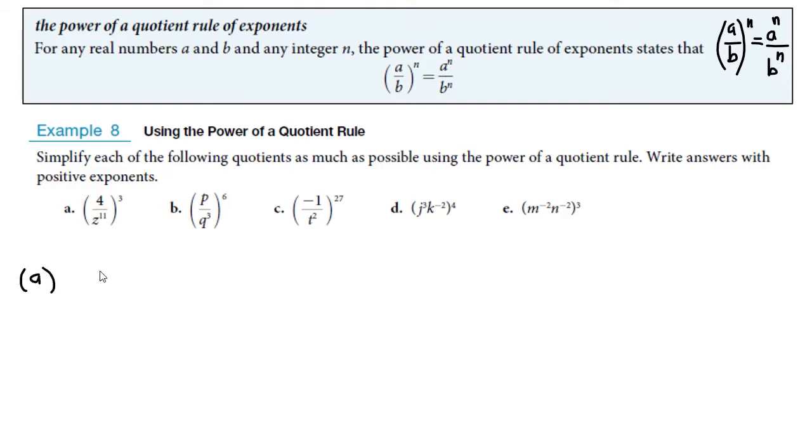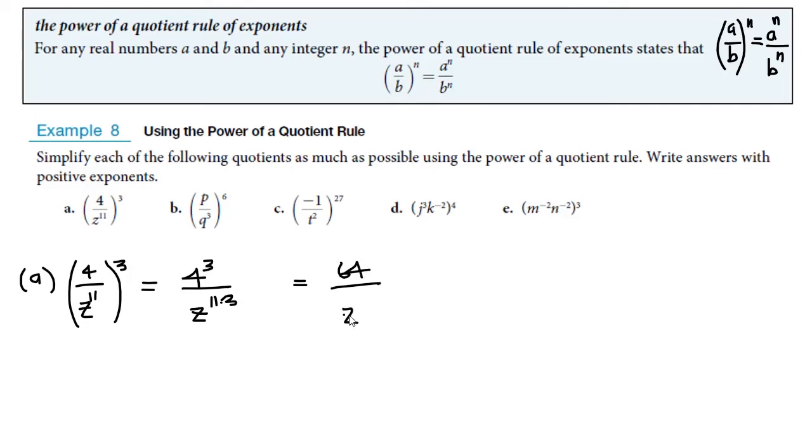In part A, we have 4 over z to the power 11, all to the power 3, so that's 4 cubed all over z to the power 11 times 3. So 4 cubed is 64 all over z to the power 33.